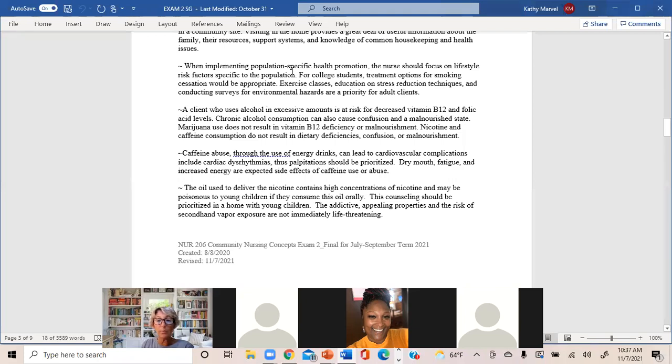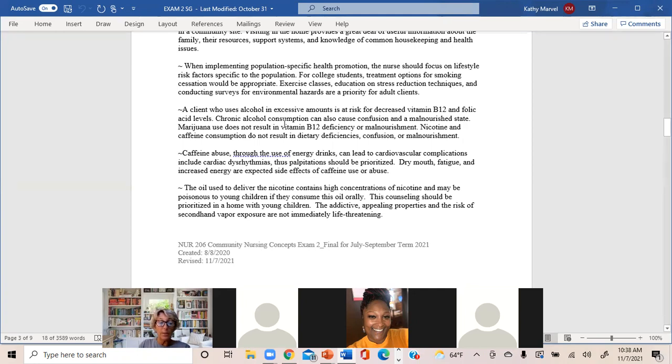So we talk about two different populations here. The college, right? And they identify smoking cessation would be appropriate for the college age kid when discussing lifestyle risk factors. And then they talk about the other risk factors for adult clients, environmental hazards, or priority for assessing for older adults.